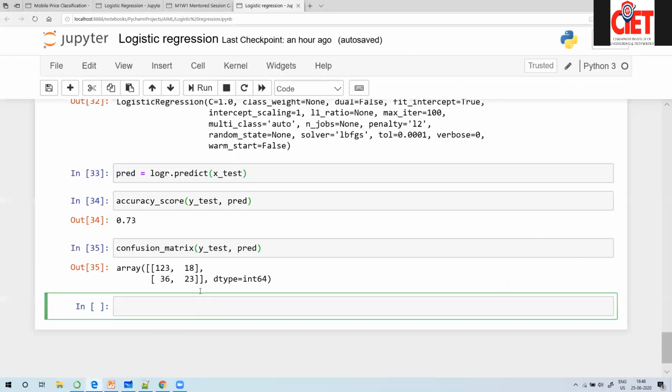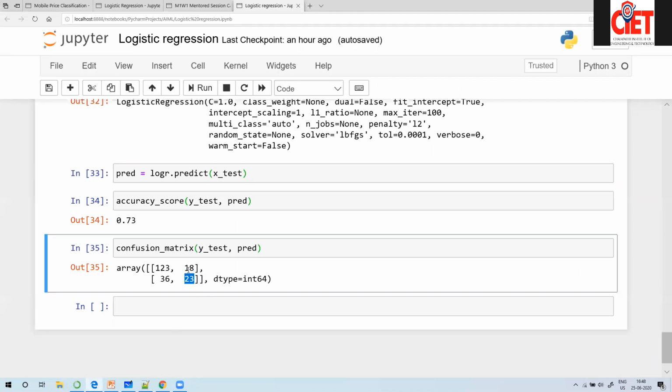It would take a while for people to understand the logic of a confusion matrix. So this is our true positives, this is our false positives, this is our false negatives, and this is our true negatives. True negatives and true positives are good, correct predictions. False positives and false negatives are error predictions.